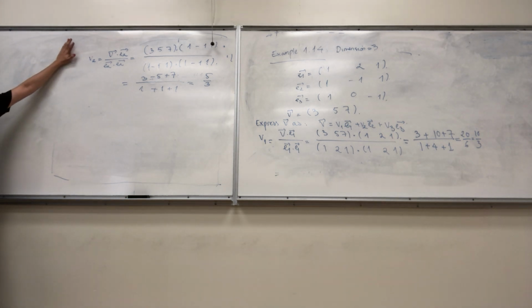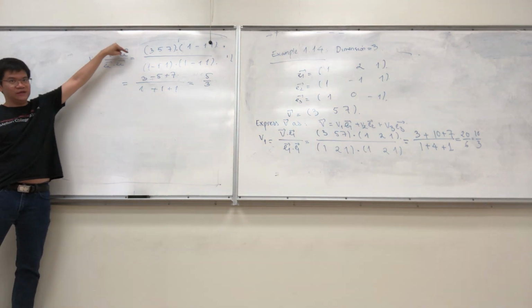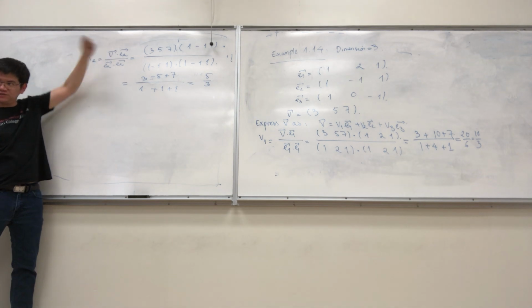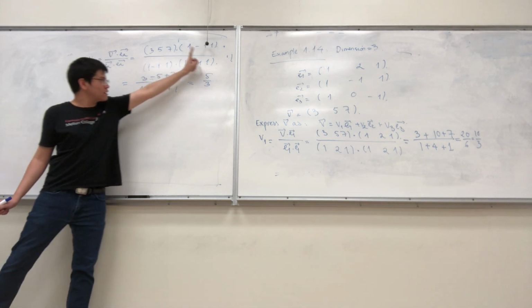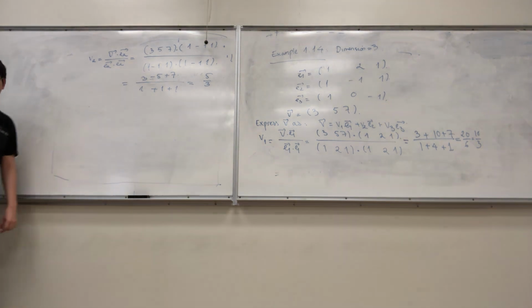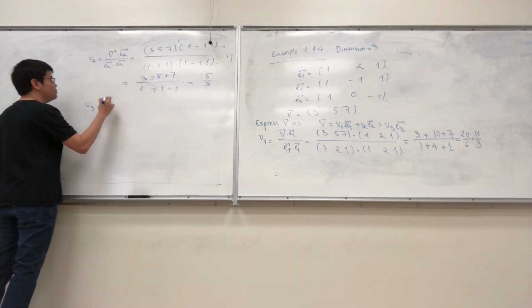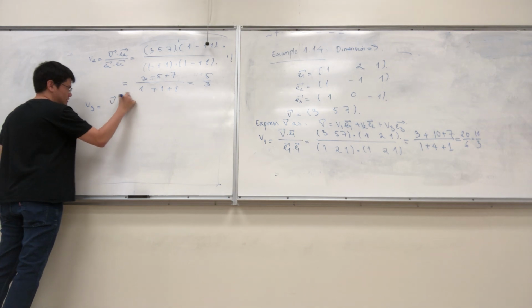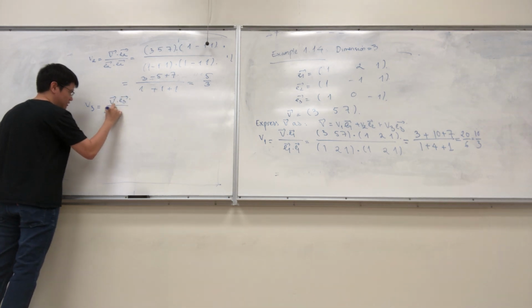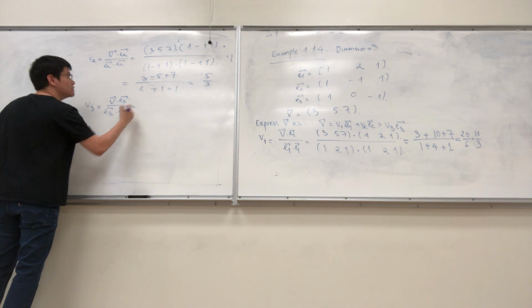Now, I explain again. So how do we compute V2? We compute V2 by multiplying V with E2 and dividing by the inner product of E2 and E2. So I do the computation, I get 5 over 3, right? Now, what is V3? V3 will be V times E3 divided by E3 times E3.